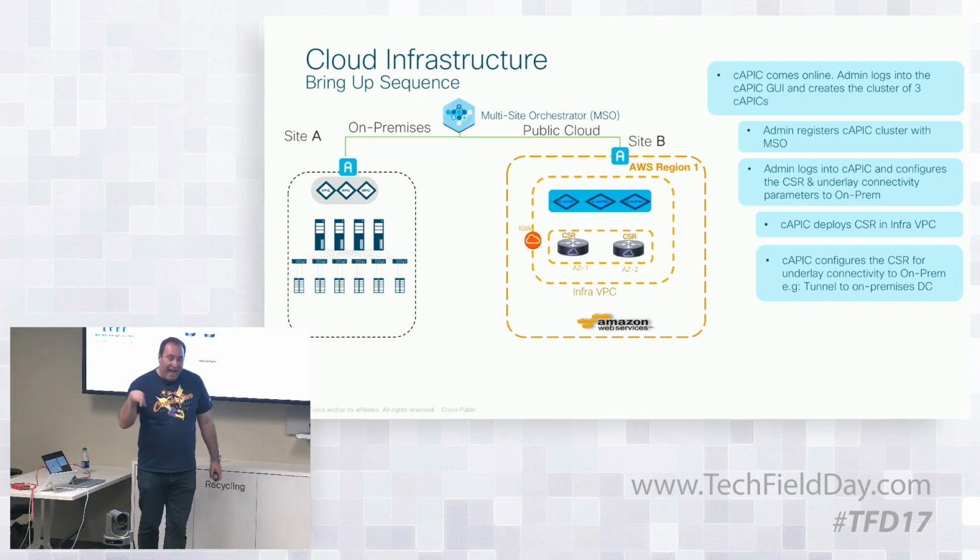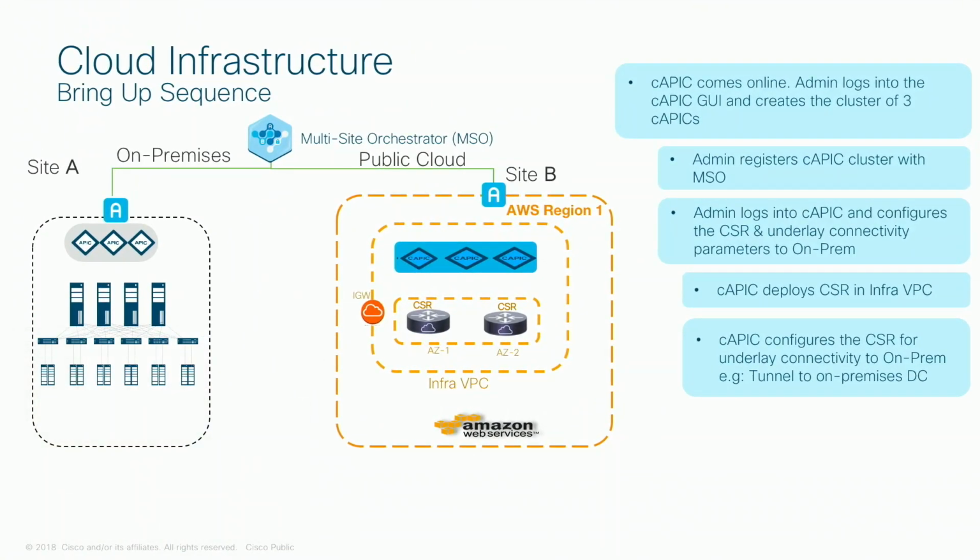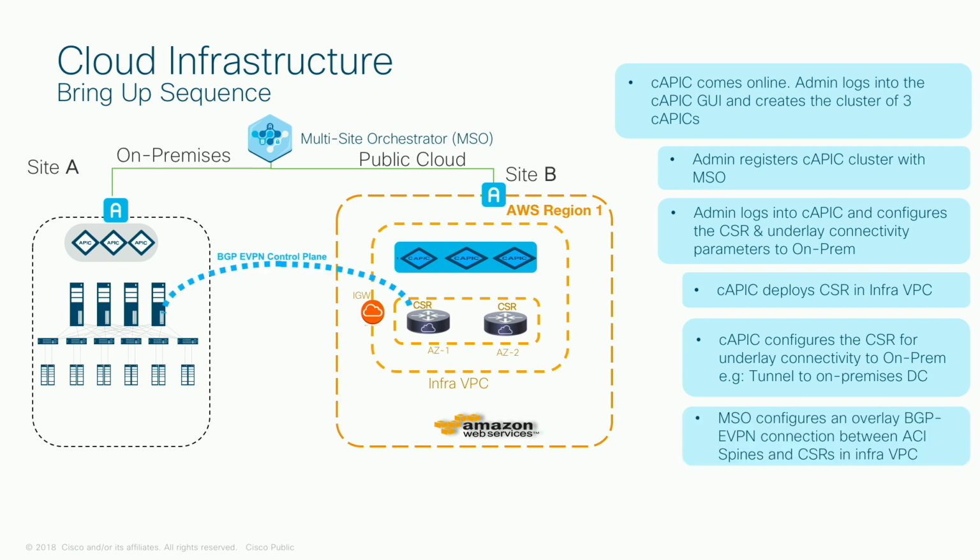And it will also connect those APECs to MSO just like you would connect the APECs from a separate site. So now, multi-site managed by MSO, this just becomes another site, right?